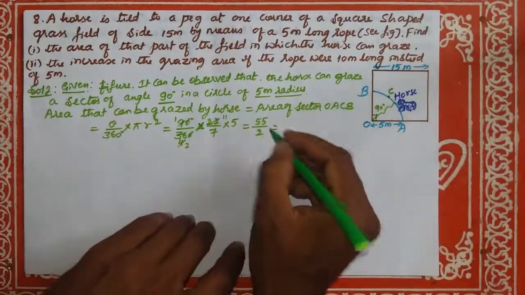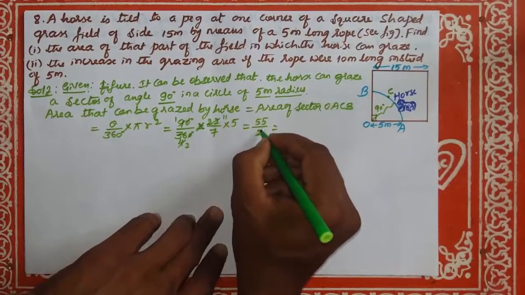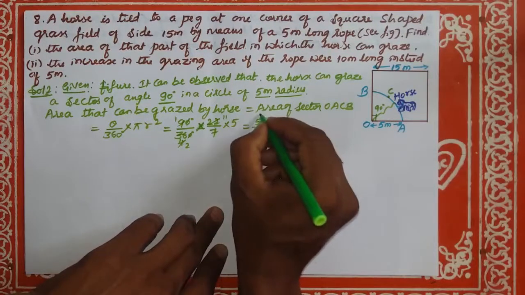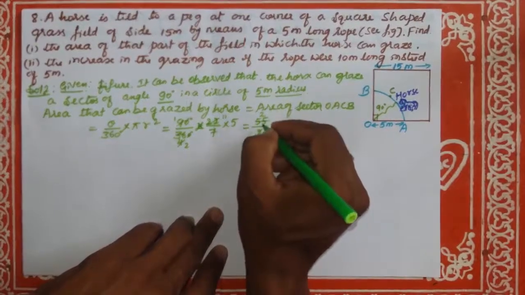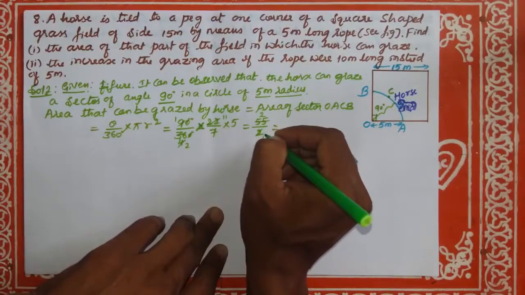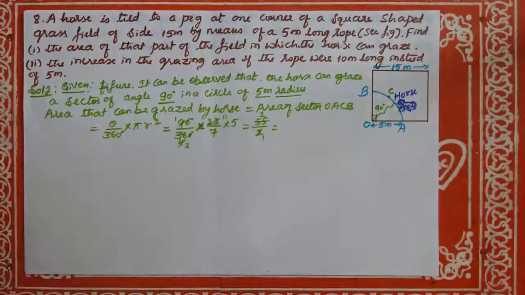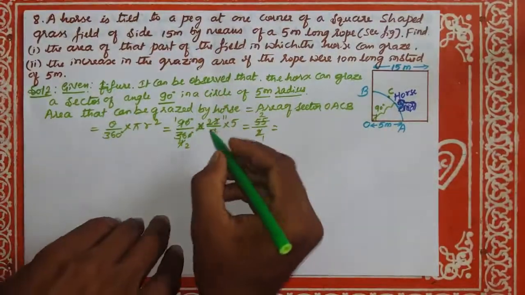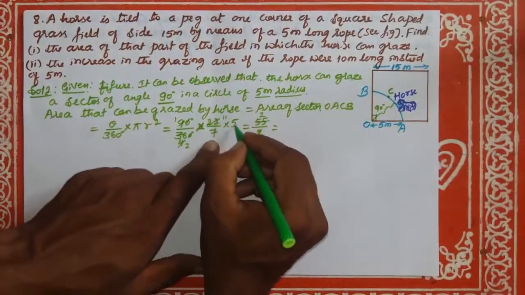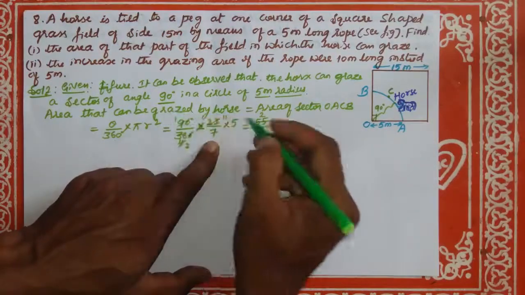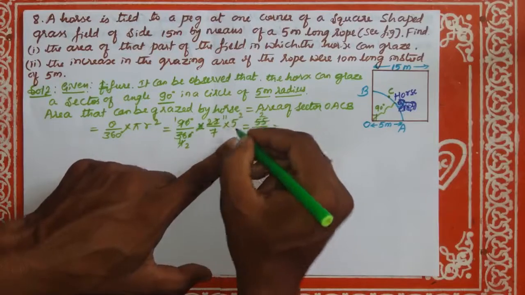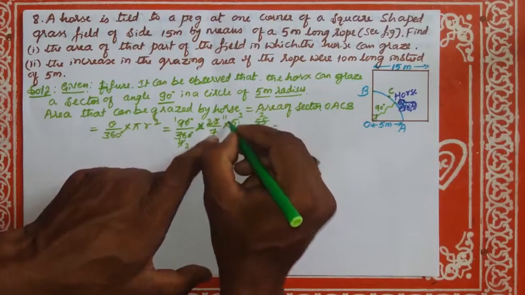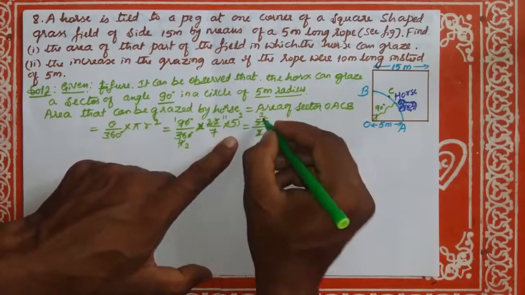Dear students, here pi r square, this is pi value into radius square, means 5 square, which is 25.